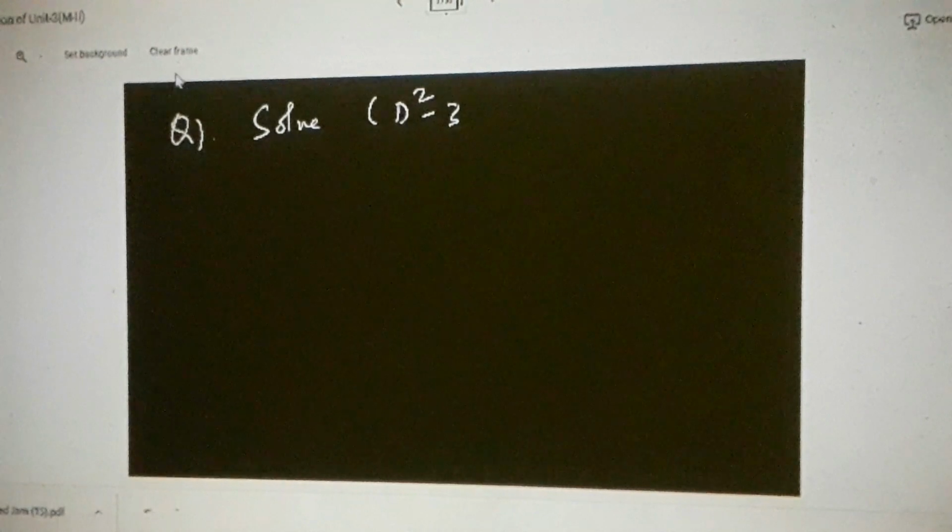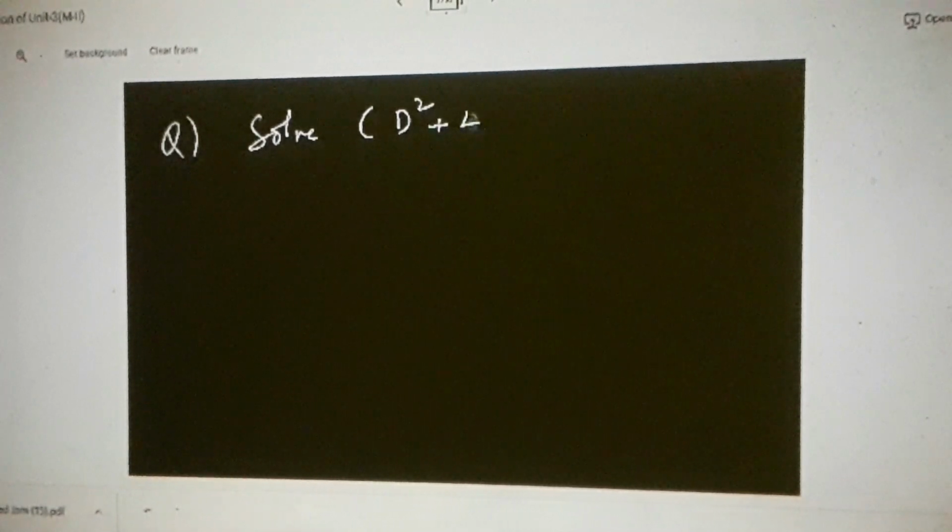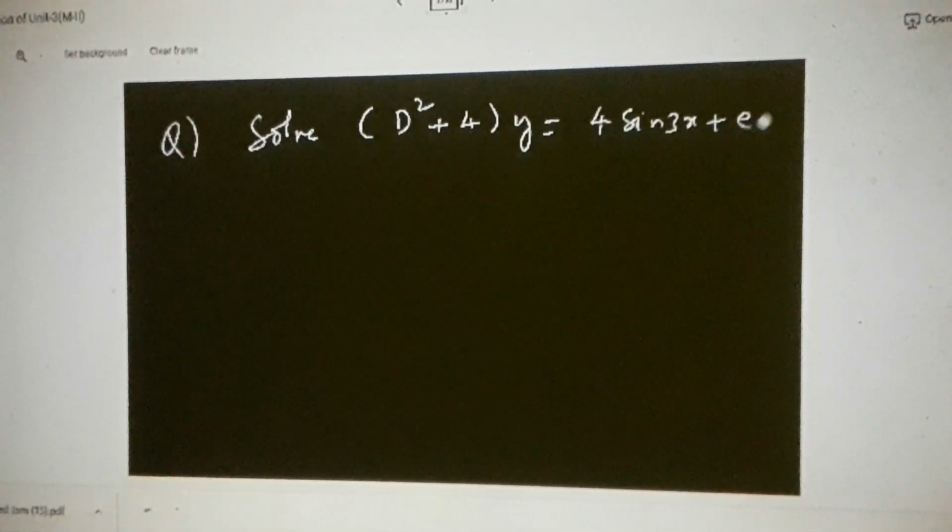The question comes like this: solve (D squared minus 3D), or else solve (D squared plus 4)y is equal to 4 sin 3x plus e to the power of 2x.